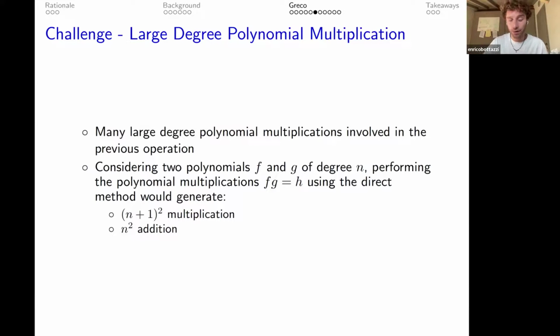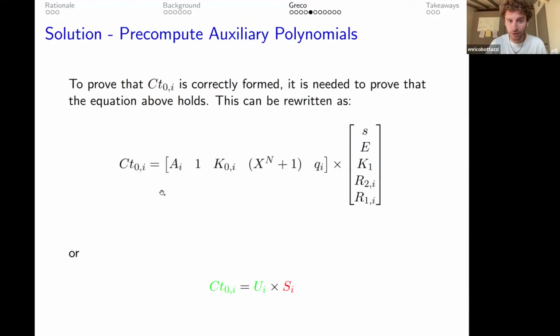Well, it is a power of 2, and you can think of it ranging from 1024 to increasing powers of 2. So these are very large polynomials, and since the operations are all multiplications between polynomials, this is the biggest cost center of our circuit, and we need to find ways to make it efficient.